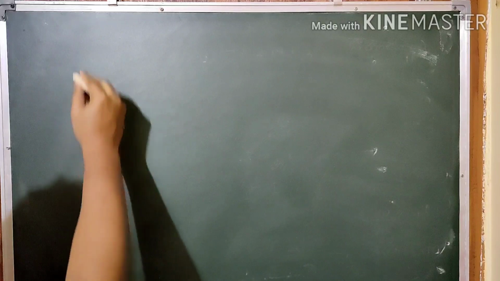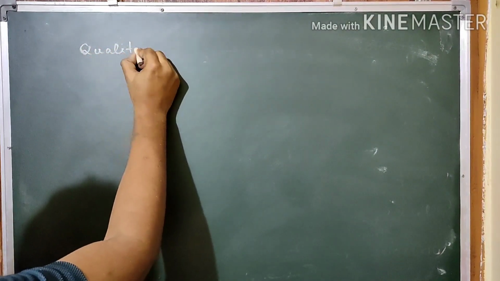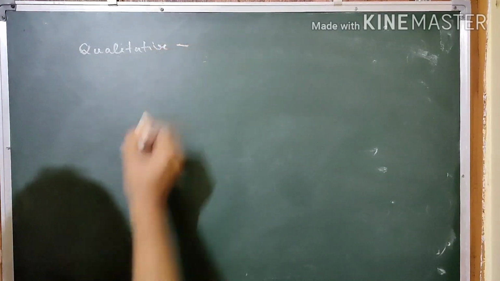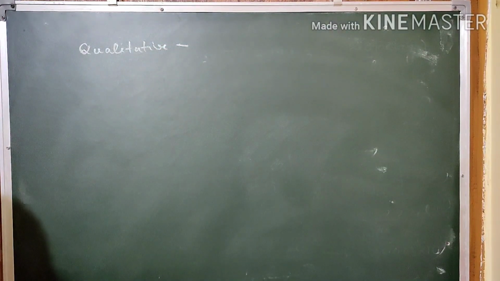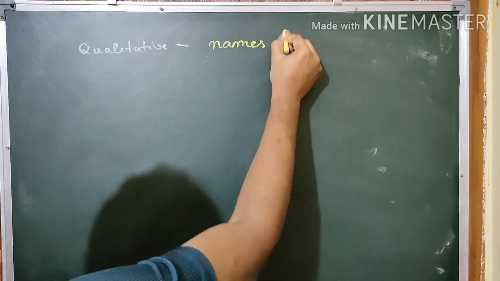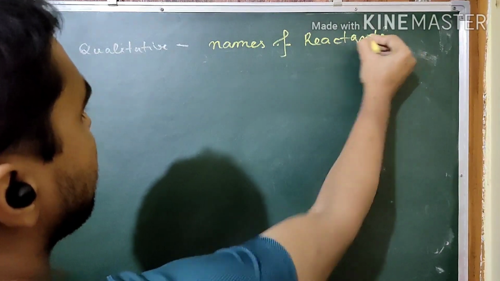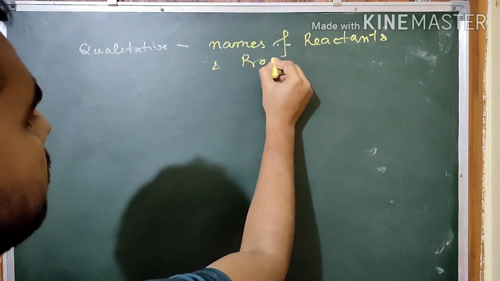So two aspects. One is qualitative. Qualitatively, it gives us the names of reactants and products.